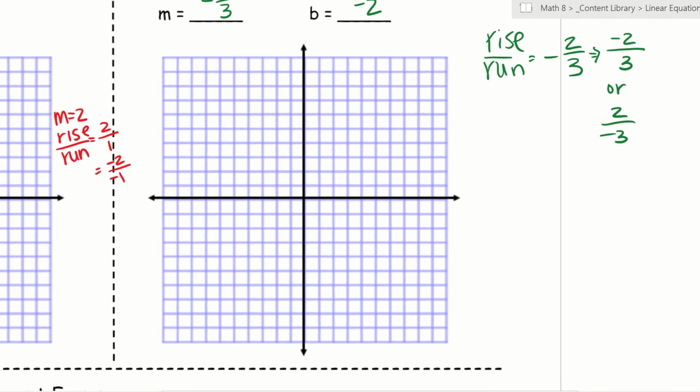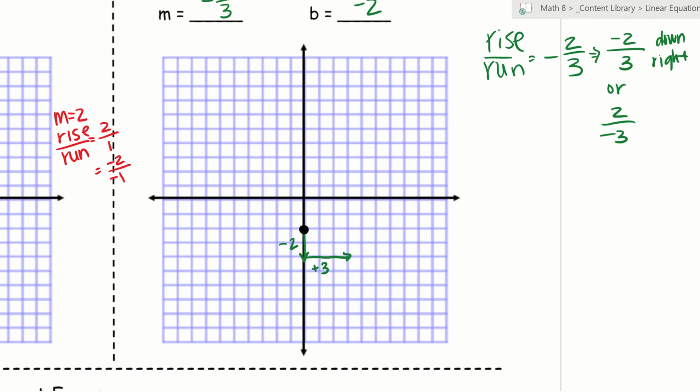So I'm going to start at my y-intercept, which is b equals negative 2. And I'm going to use my slope. I can either go down 2 and to the right 3. I'm going to try that. Down 2 and to the right 3.